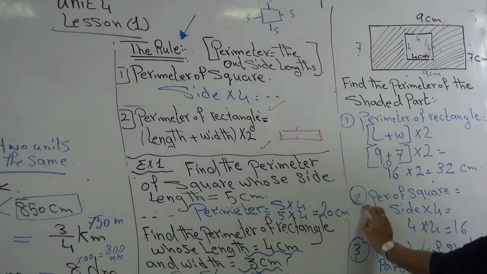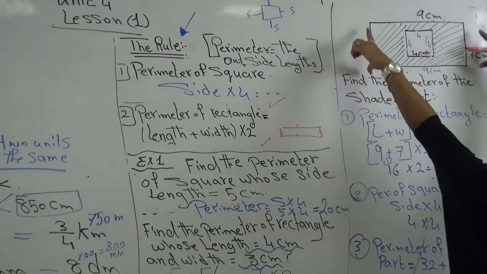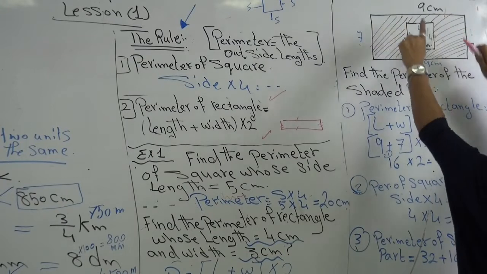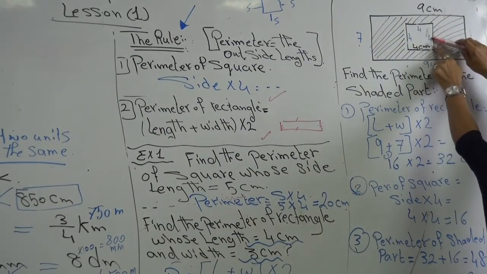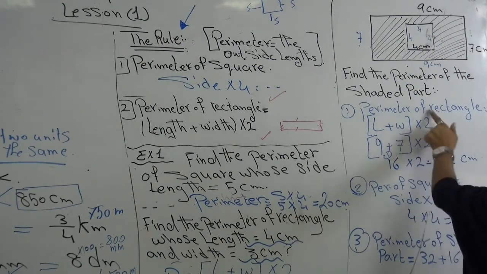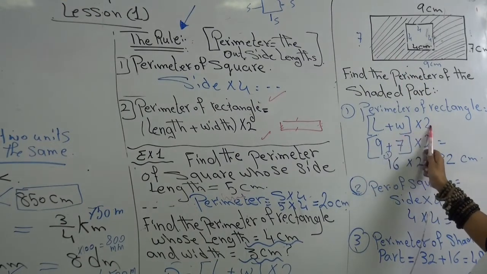We solve this type of example in 3 steps. Step number 1, get the perimeter of the rectangle. Step number 2, get the perimeter of a square. Step number 3, add them together. Let's see. Perimeter of rectangle equals length plus width multiplying 2.